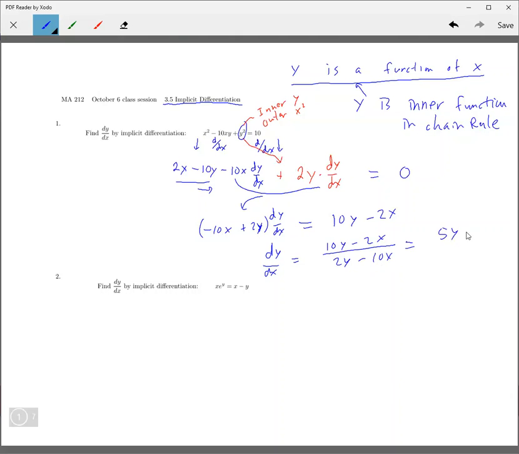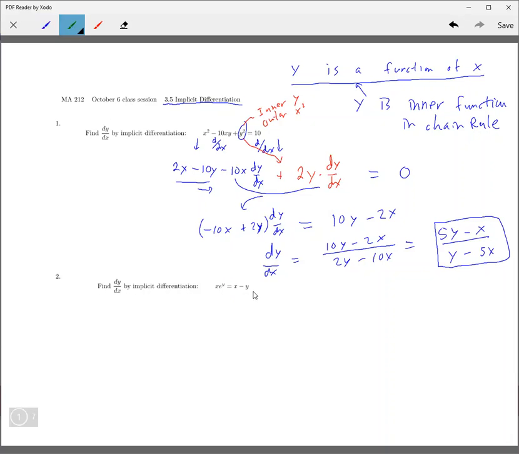So maybe 5y minus x over y minus 5x. Okay, and that should work for your answer right there. So dy/dx is this. Now the thing is though, instead of dy/dx being completely in terms of x, the trade-off is that it's also in terms of y.